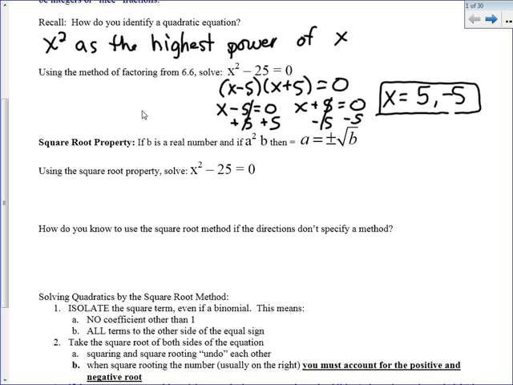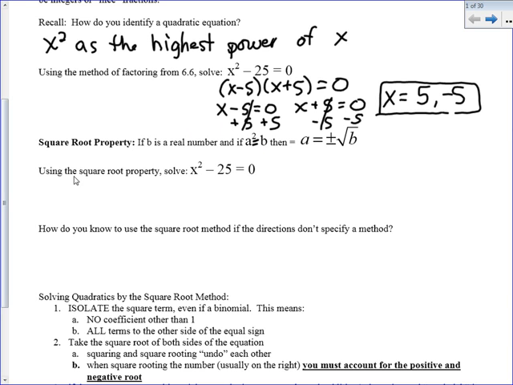And this is an equal to a constant setup. So I'm missing the equals on here. So if you have a squared equal to b, and b is a real number, then a equals plus or minus the square root of b. So if you have something squared and it's equal to b, which is just a number, you have a equals plus or minus the square root of b.